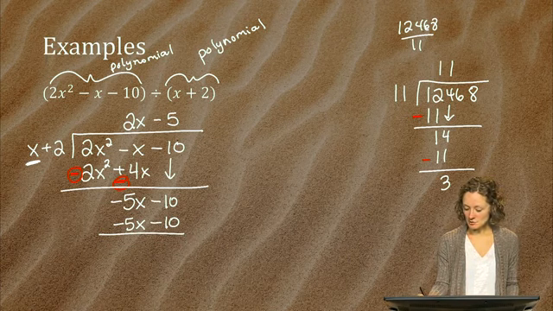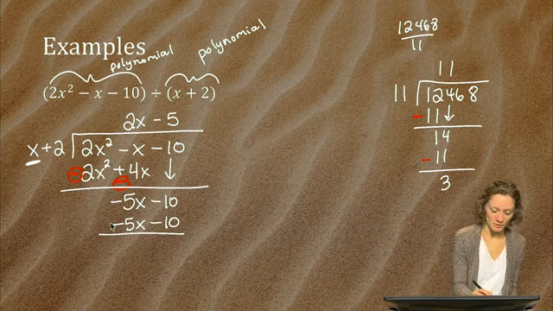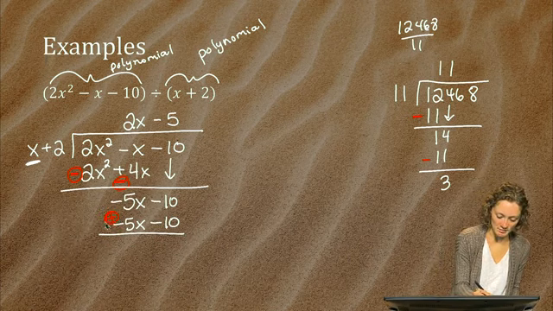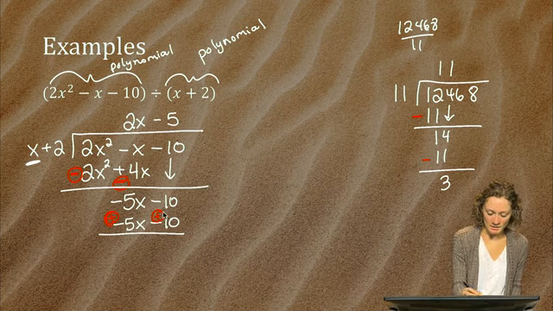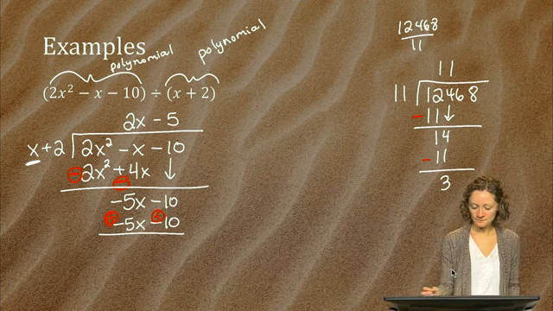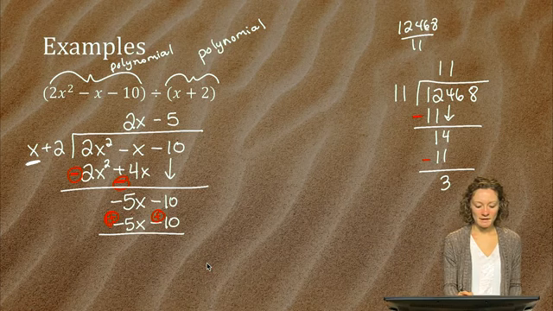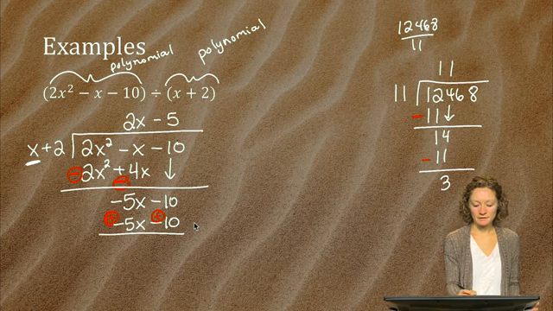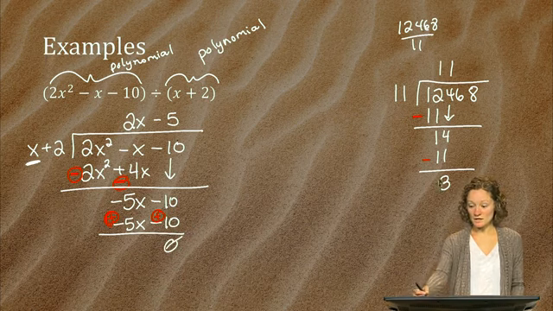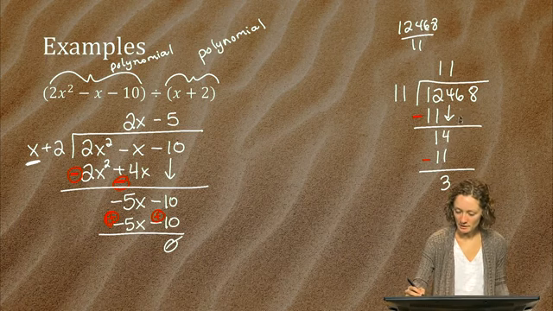But all of that gets subtracted. So each sign changes. Plus is the ultimate sign. And now actually combine. Negative 5x plus 5x, gone. Negative 10 plus 10, gone. Nothing left over.